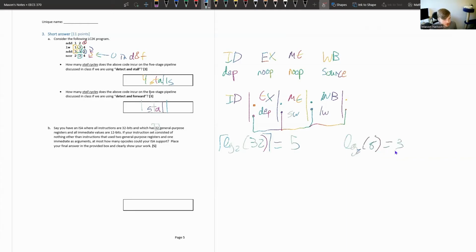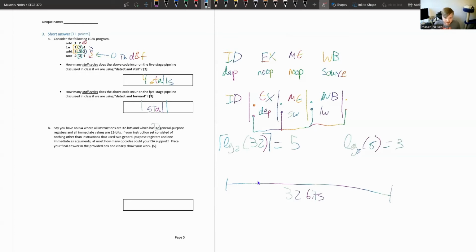So it says if your instruction set consisted of nothing other than instructions that use 2 general purpose registers and 1 immediate as arguments, at most, how many opcodes could your ISA support? Our instructions are 32 bits total. And we need to represent 2 general purpose registers at least.